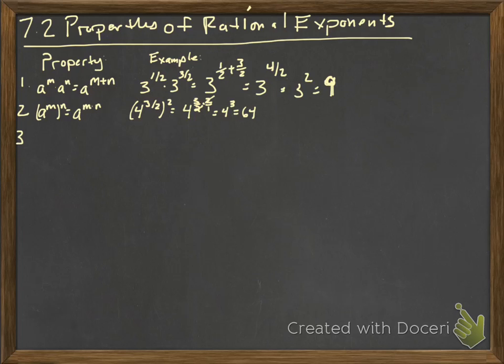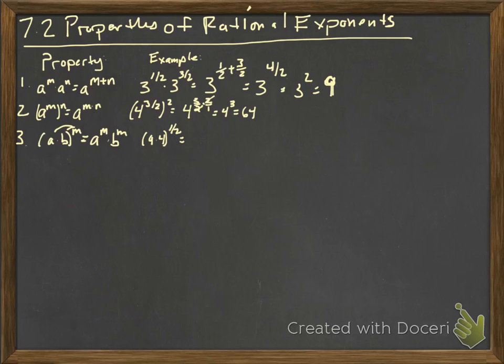Number 3, the third property. Let's talk about the power of a product property. If I have a product, a times b, and I raise it to the mth power, I can distribute that power to every factor in that product. So it will be a to the m times b to the m. The example I'm going to show you here is, let's say I have 9 times 4, and we're raising that to the 1/2 power. Now there's technically a couple ways of doing this.